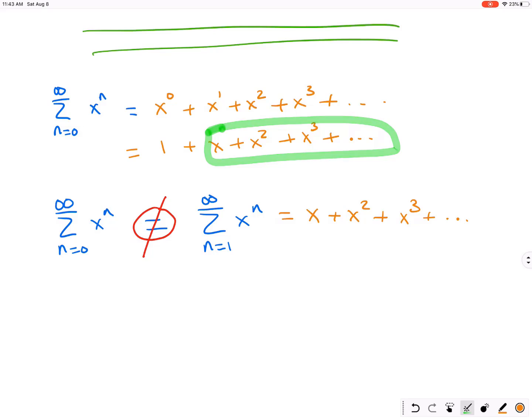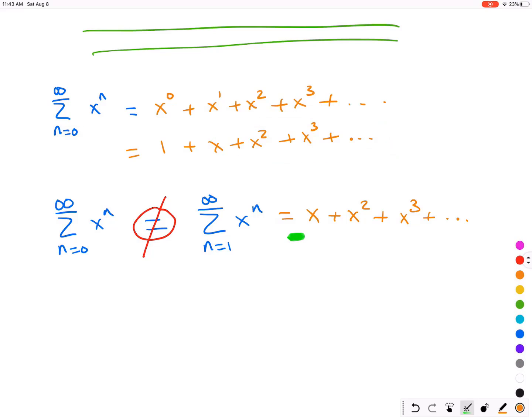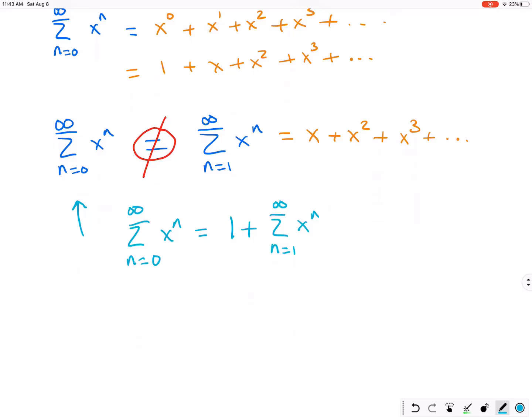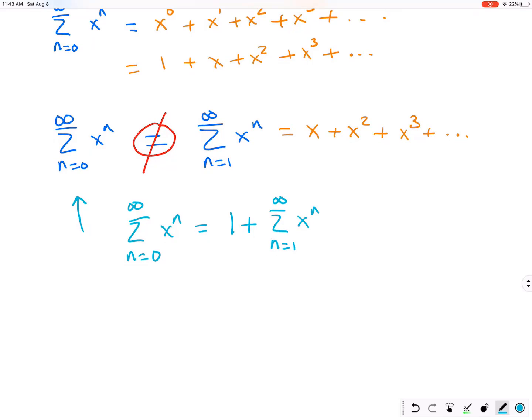The one over here on the right, the first term, there's no 1, right? So as it turns out, if I take the summation of n equals 0 to infinity of x to the n, that's equal to 1 plus the summation of n equals 1 to infinity of x raised to the n. This is a true statement.